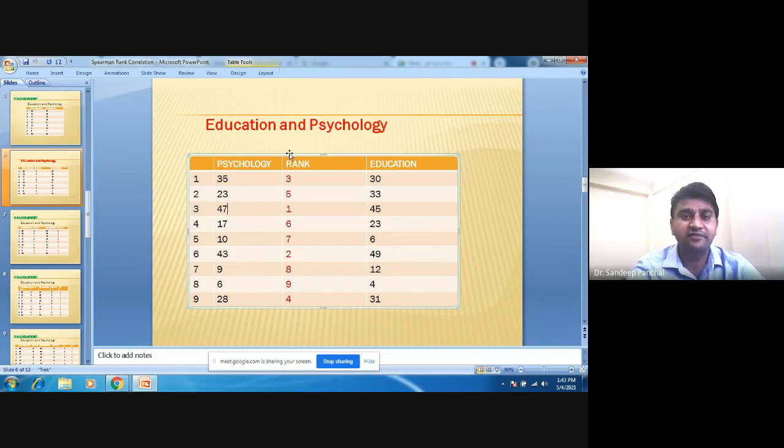Similarly, you can assign the ranks for education.